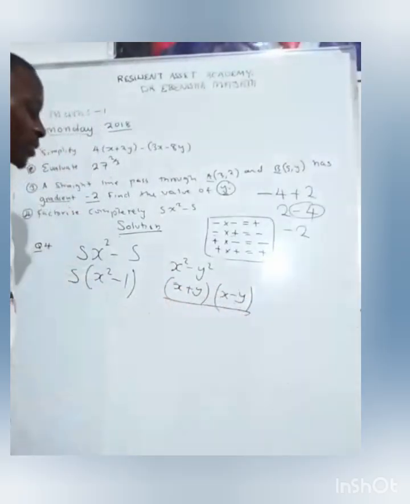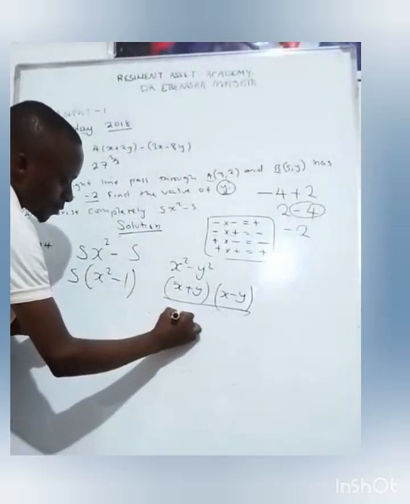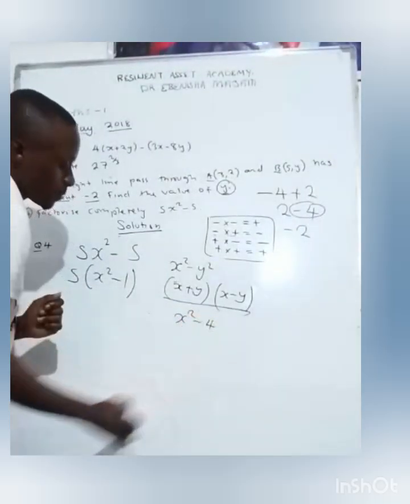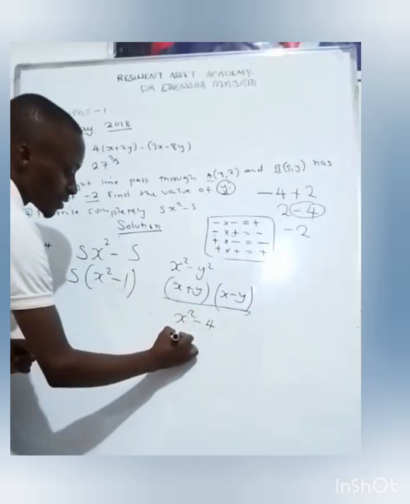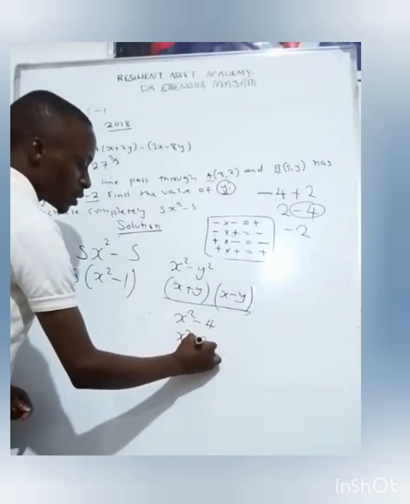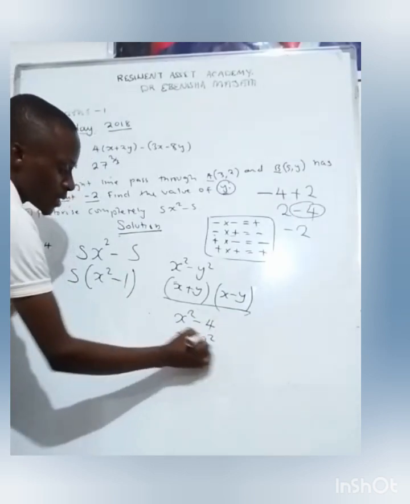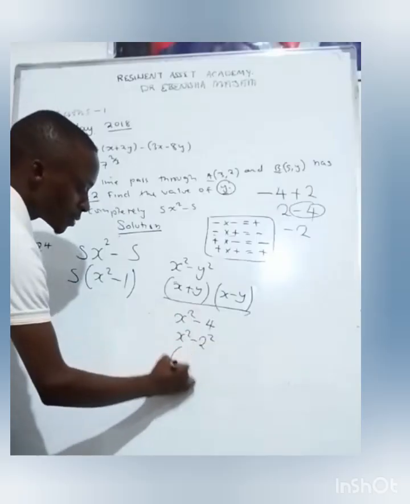Now, another example can be if you're given x squared minus 9. You have to find a way of writing this so that it also has a square. So you say x squared minus, what number can you multiply by itself two times to get 9? It is 3. 3 times 3 will give you 9, so this is the same as writing 3 to the power 2.